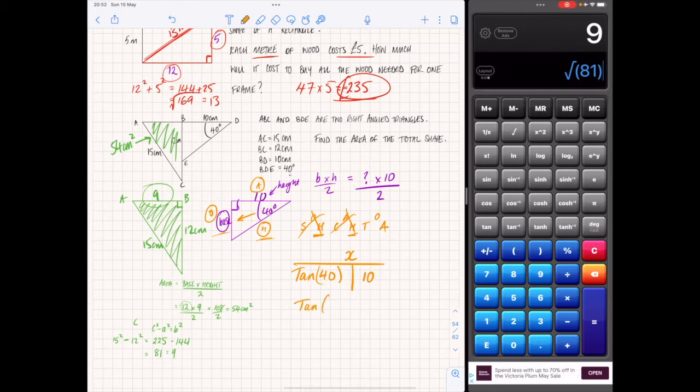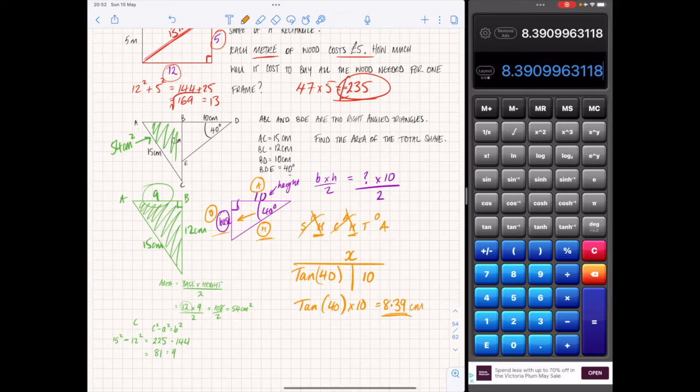So you're doing tan 40 times by 10, and on your calculator, if you just go tan 40 multiplied by 10, that gives you an answer of 8.39. I'm going to keep that as accurate as I can. 8.39, because that's 8.3909, I'm going to leave it as 8.39.